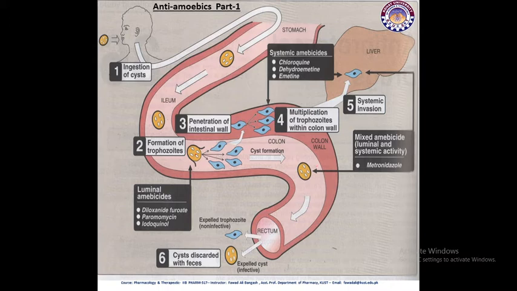But the trophozoites can also invade and penetrate the intestinal wall.